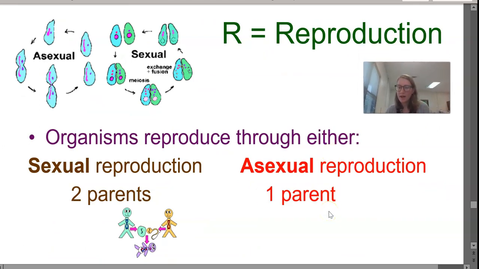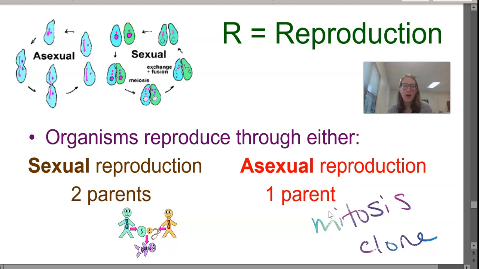Asexual, 1 parent, and that is done through mitosis, and that's creating clones of yourself. Sexual reproduction is done with 2 parents. You have a female that provides the egg and a male that provides the sperm, and you get an organism that looks different from your parents.